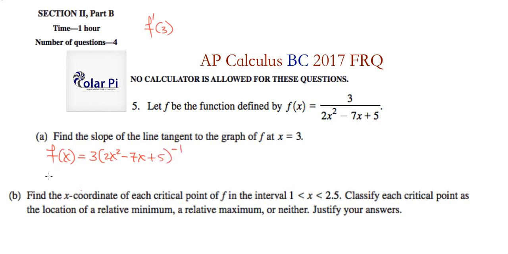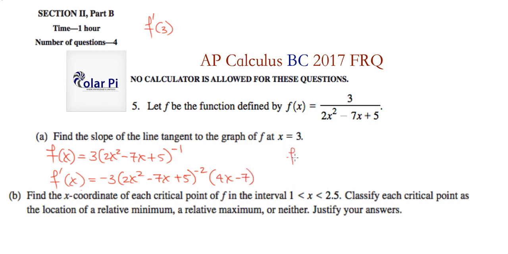That way I can use the power rule and the chain rule to find that f prime of x is equal to 3 times negative 1, so negative 3, times (2x squared minus 7x plus 5) to the negative 2 power. And then by chain rule, we multiply by the derivative of the quadratic inside the parentheses, so that is 4x minus 7. Okay, cool. That's f prime of x.